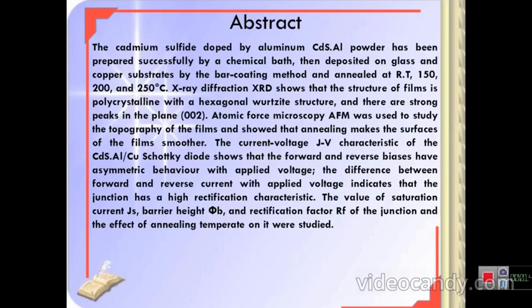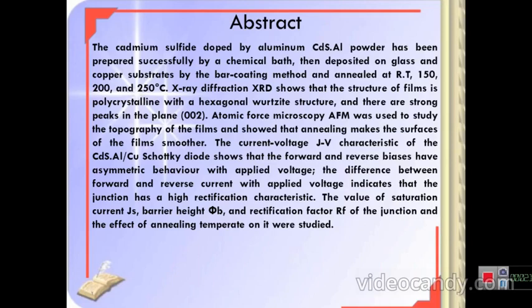The differences between forward and reverse current with applied voltage indicated that the junction has high rectification characteristics. The value of saturation current J_s, barrier height, and rectification factor RF of the junction and the effect of annealing temperature on them were studied.